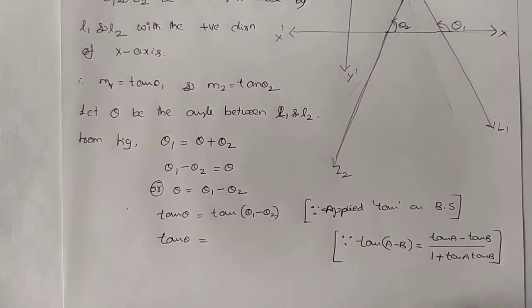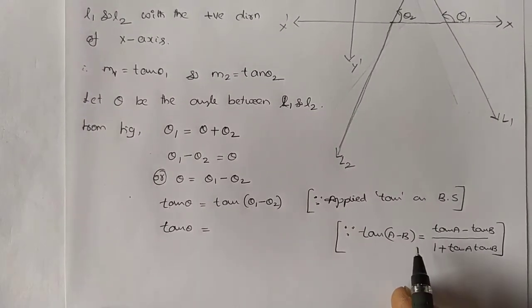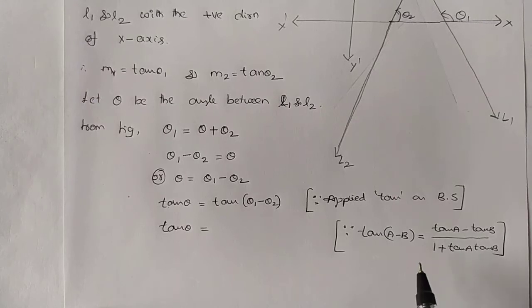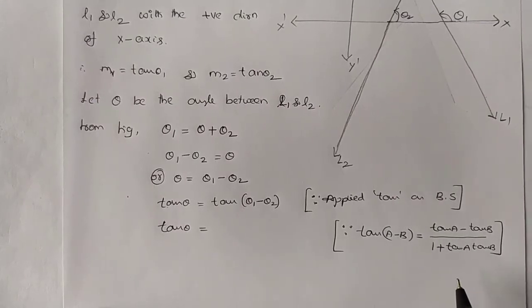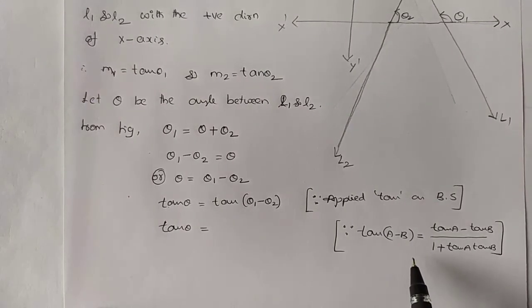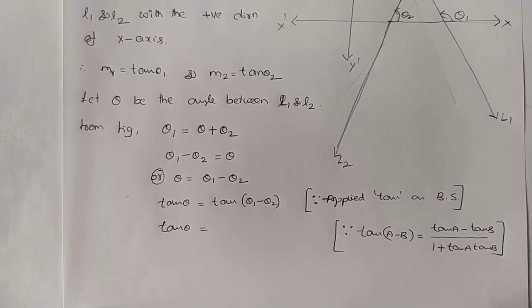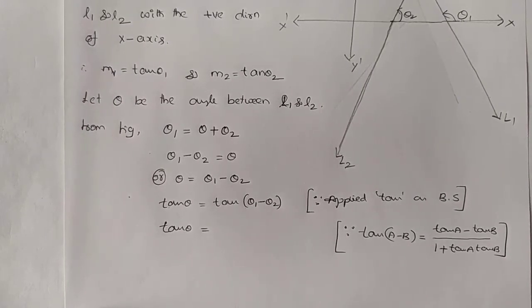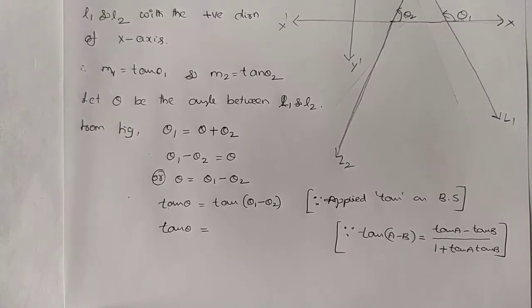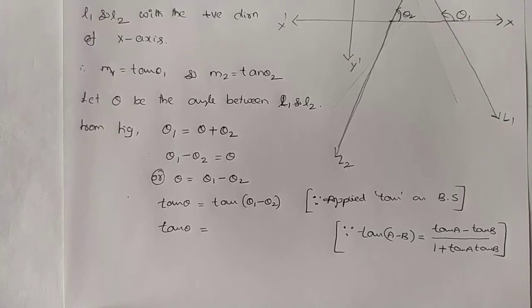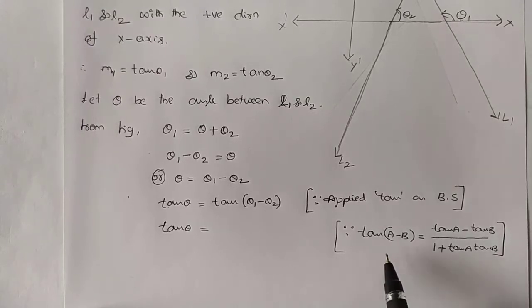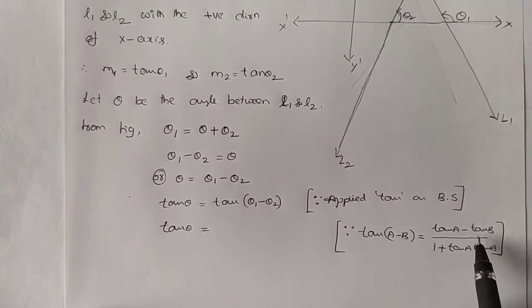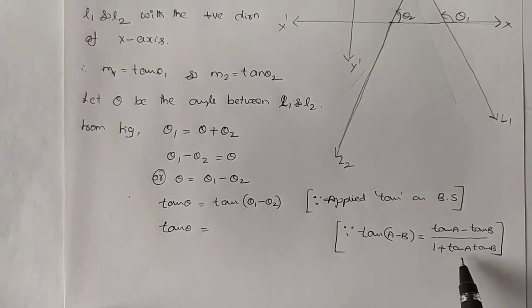Right? I think you already learned about tan of a minus b and tan of a plus b. Some formulas we will have in trigonometry, and those formulas we are using here. Here we just used the trigonometry formula that tan of a minus b is tan a minus tan b divided by 1 plus tan a tan b.